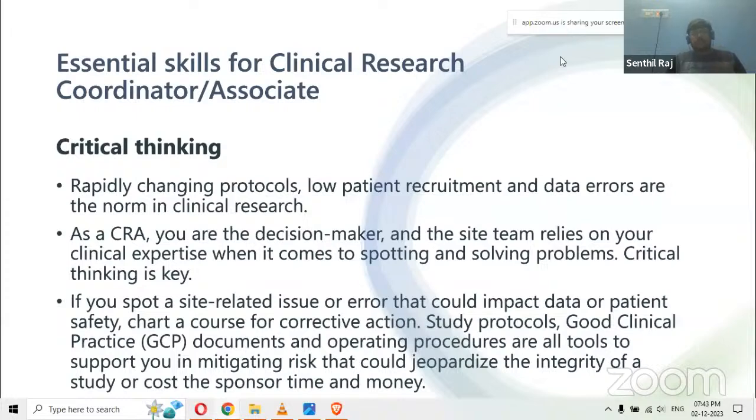And you should also be monitoring whether they are following the study protocols properly. We will be maintaining a version control, which means before ethics committee approval, there will be a lot of versions getting into the final print, and then it will go to ethics, and from ethics we will get corrections.